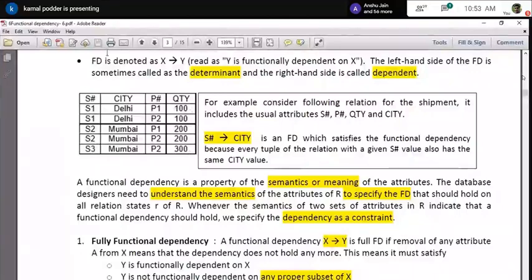If you examine that data, you see that city depends on S number, because a supplier exists in a particular city, whether he supplies P1 or P2. It is obvious from the data that the city depends on supplier, because he is located in only one city. If he were in more than one city, it might be different. But in this case, it is the same.